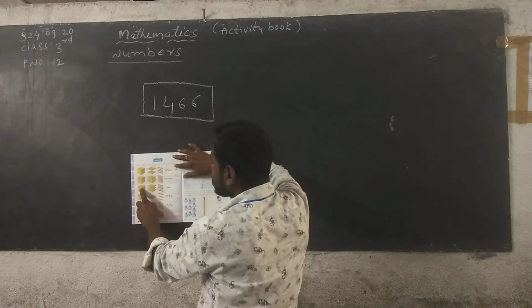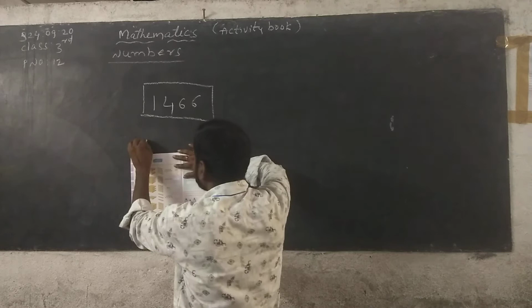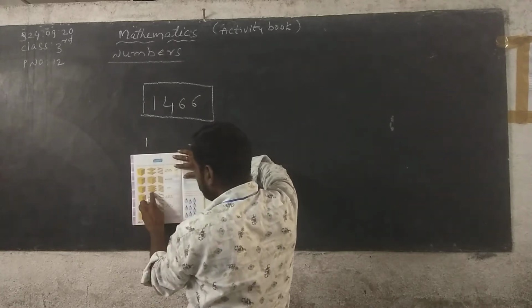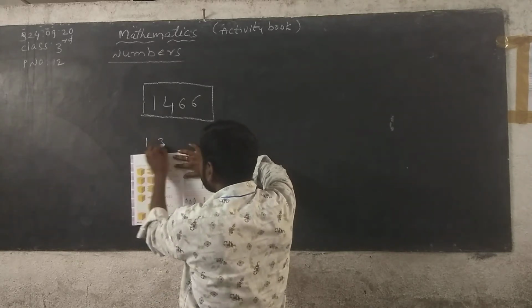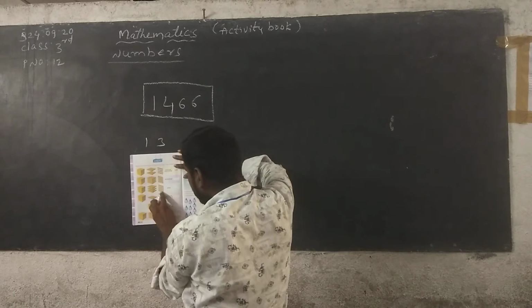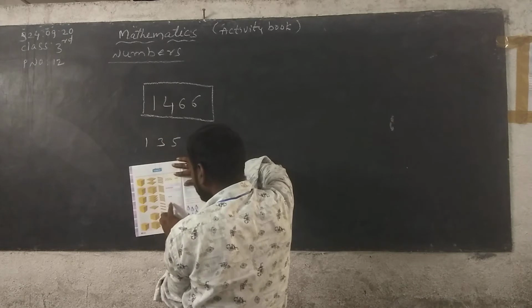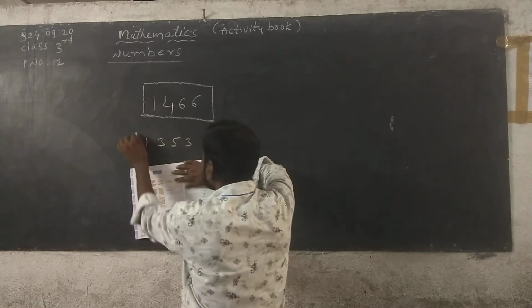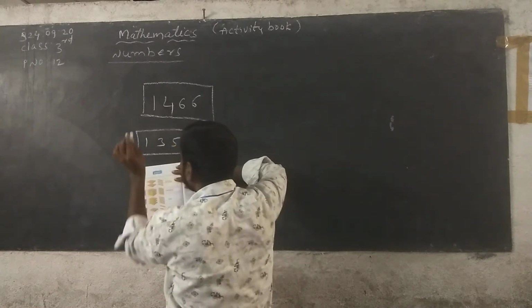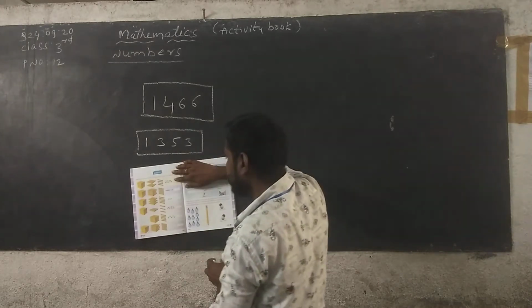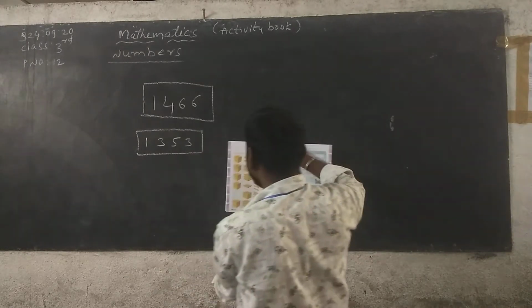Here in thousands place how many pictures are there? 1. Next here 1, 2, 3. In tens place how many are there? 1, 2, 3, 4, 5. Next here 3. This is the third figure, 1353. Next, fourth figure.